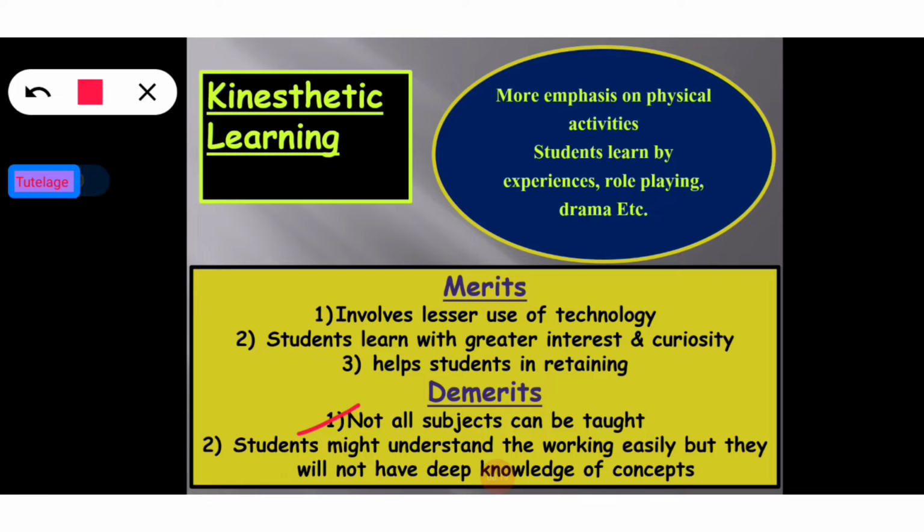Students learn by their experiences through drawing, role playing, drama, etc. For example, to teach students about rockets, it will not be affordable for every school to provide hands-on experience at the space center. So that's why it is one of the most important demerits of kinesthetic learning.